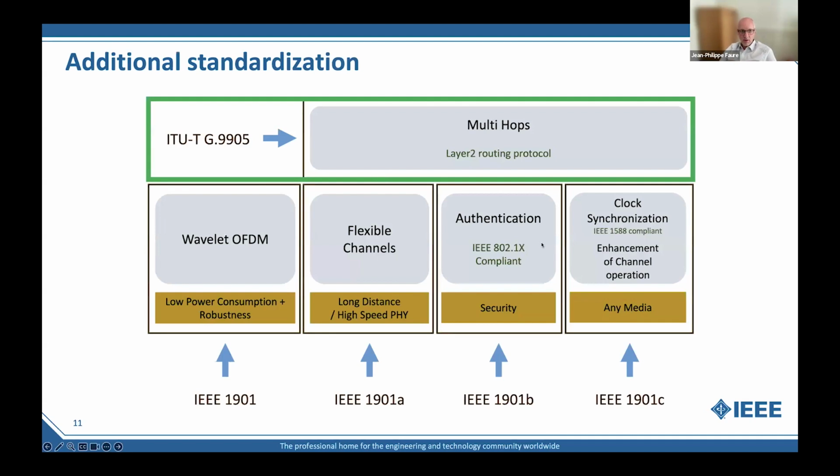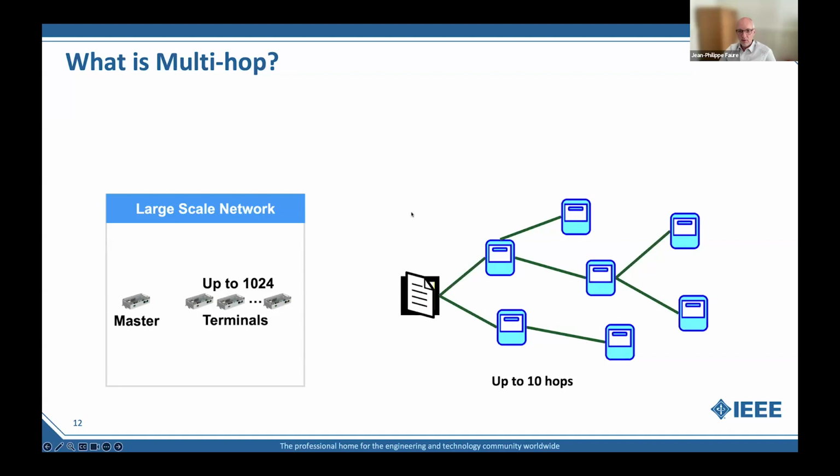On top of this, we have another layer, which is called multi-hop. It is a layer 2 routing protocol, and it's defined in ITU. Multi-hop provides a feature to extend the range.